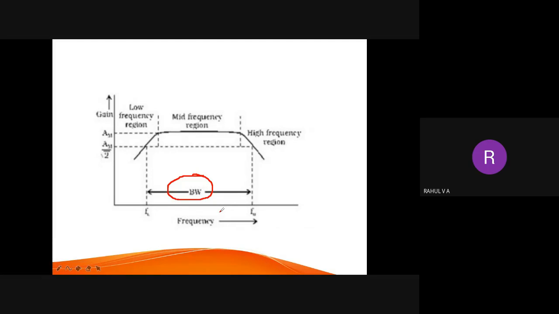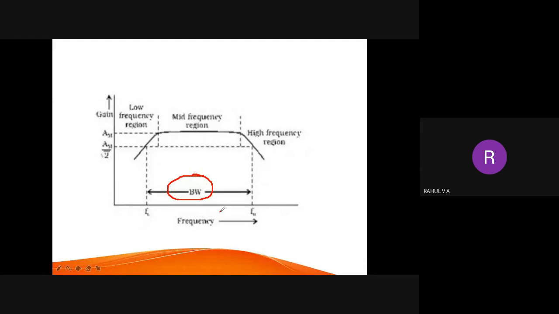There are two frequency components, FL and FH. The peak value of voltage gain is divided by root 2, and then we get a line.